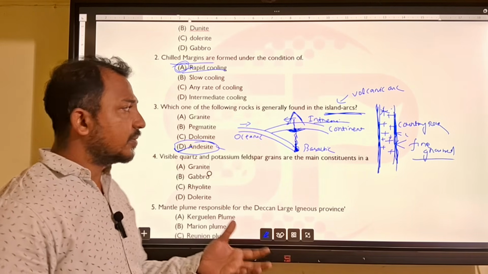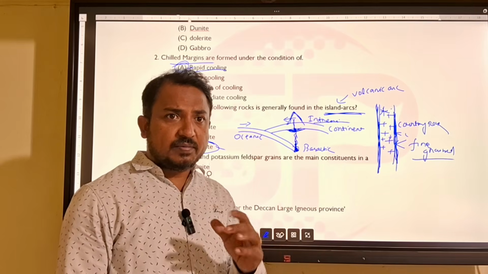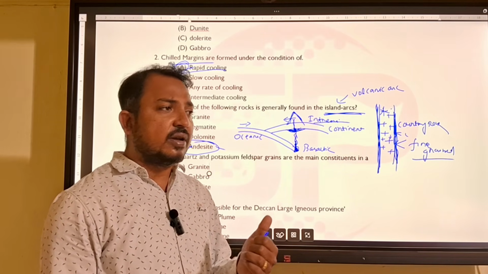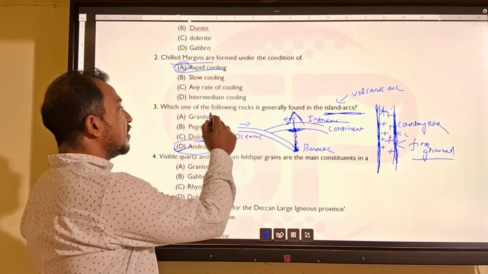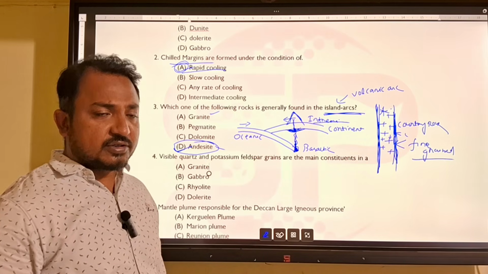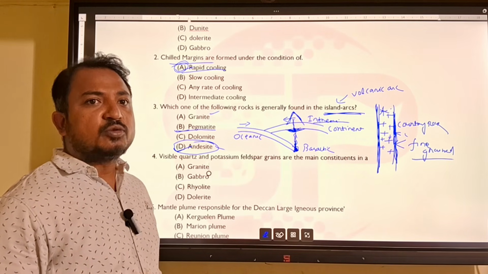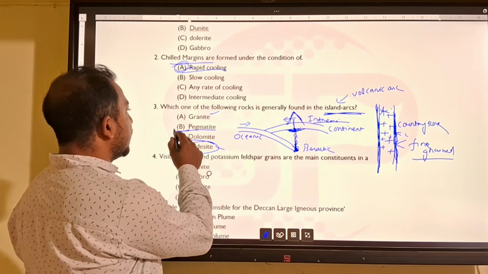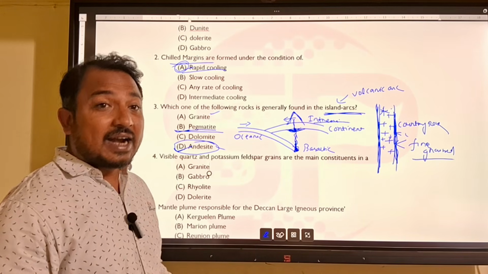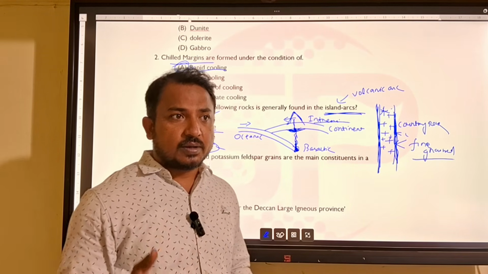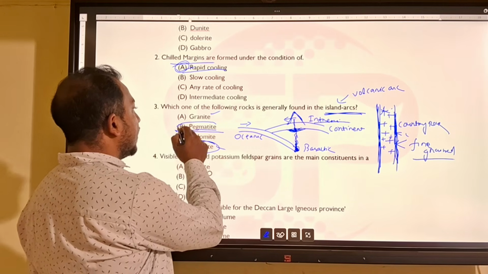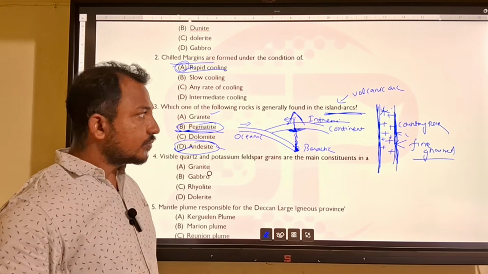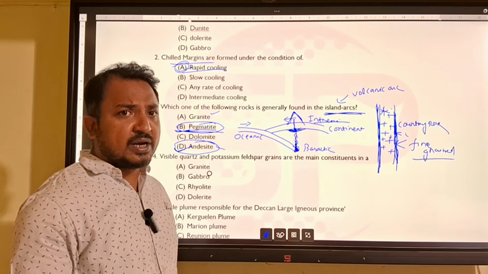Granite is produced from continental crust. Only when partial melting of continental crust occurs do they produce acidic volcanism, because granite is acidic. So granite is produced by partial melting of continental crust. Then comes pegmatite. Pegmatite is a rock that is produced at the latter stage of magmatic crystallization because of addition of volatiles. Remember, pegmatite is called the mineralogical museum.